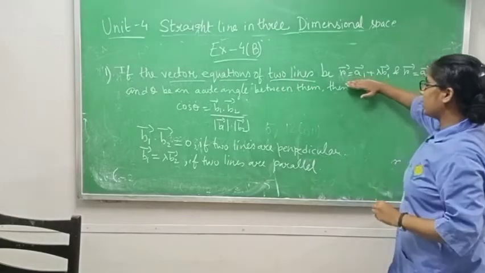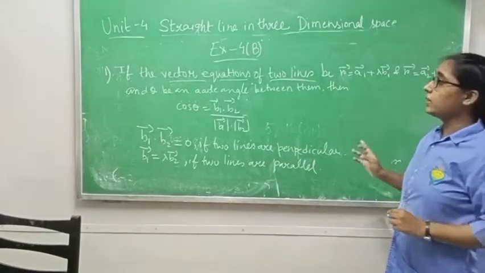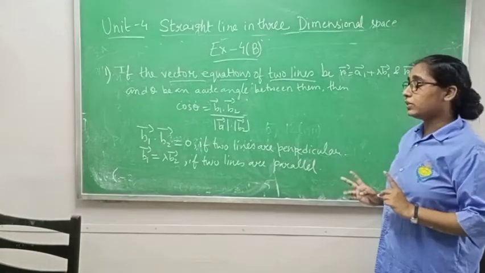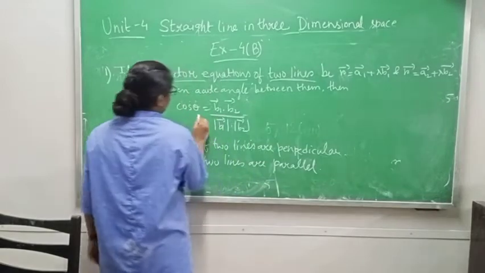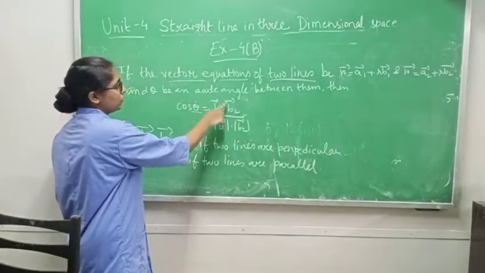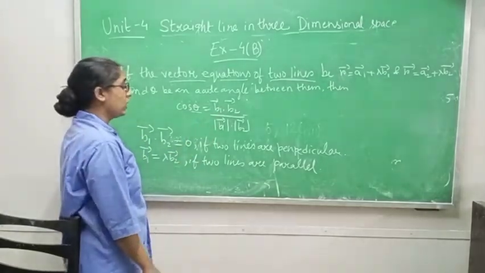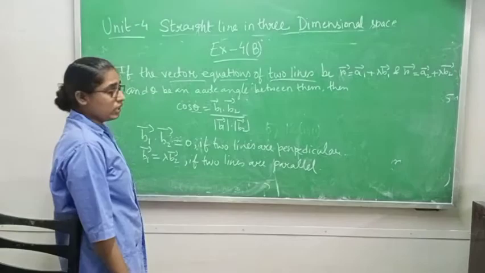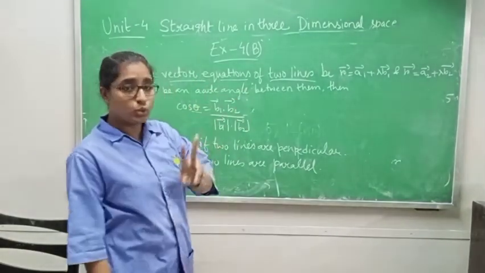The first line's vector equation is this, the second line's is this, and theta is an acute angle between these two lines. Then to find the angle, cos theta equals b1 vector dot b2 vector divided by mod b1 vector times mod b2 vector. You have to learn this formula when the vector equations of two lines are given.